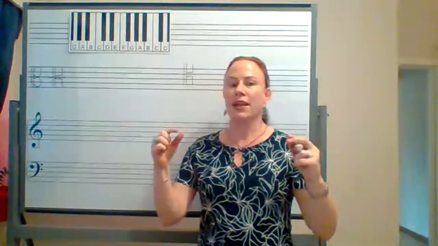Now, the alto clef is also known as the movable C clef. Why? Because we can actually move it around on the staff, and wherever the middle of the clef will be is basically middle C. So that is why it's called the movable C clef.